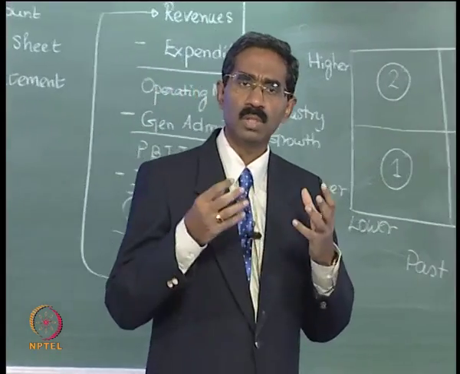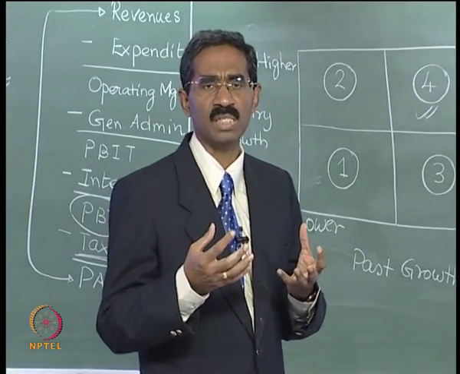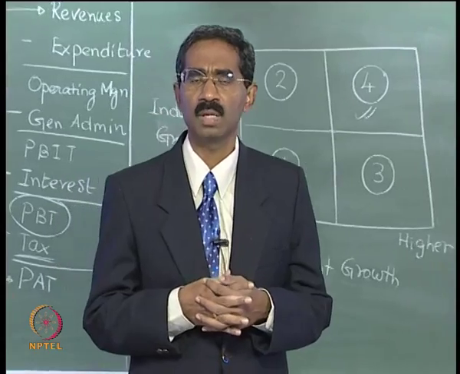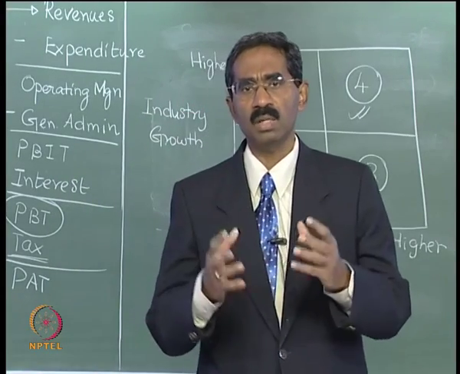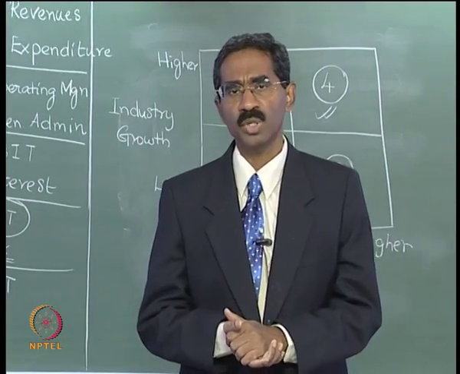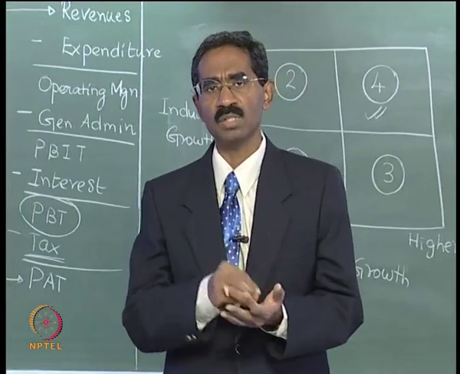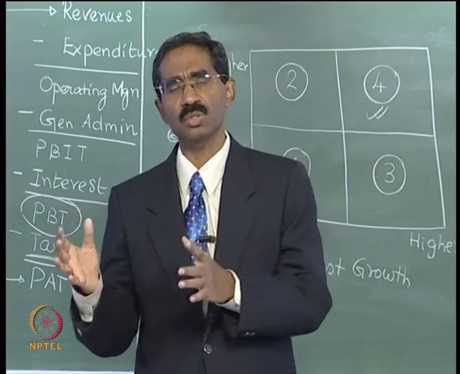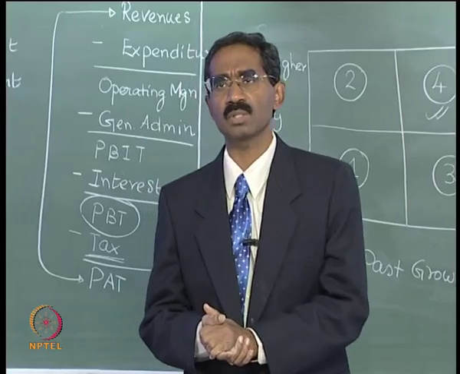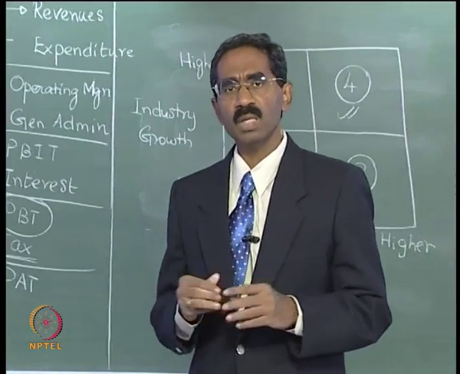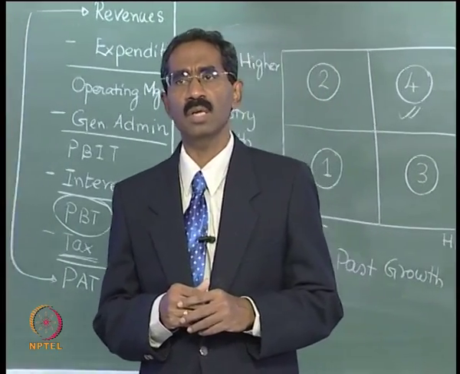Short term liabilities essentially are classified under the current liabilities, and when we want to calculate the liquidity, we use the short term assets, the current assets, and the short term liabilities, the current liabilities. An important liquidity ratio is called the current ratio.